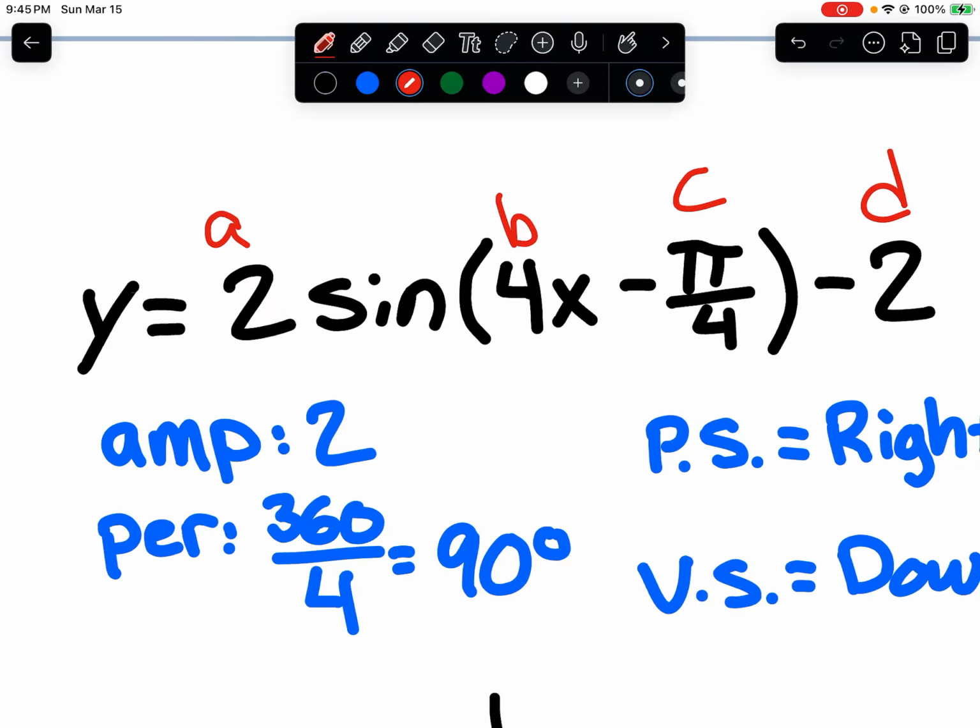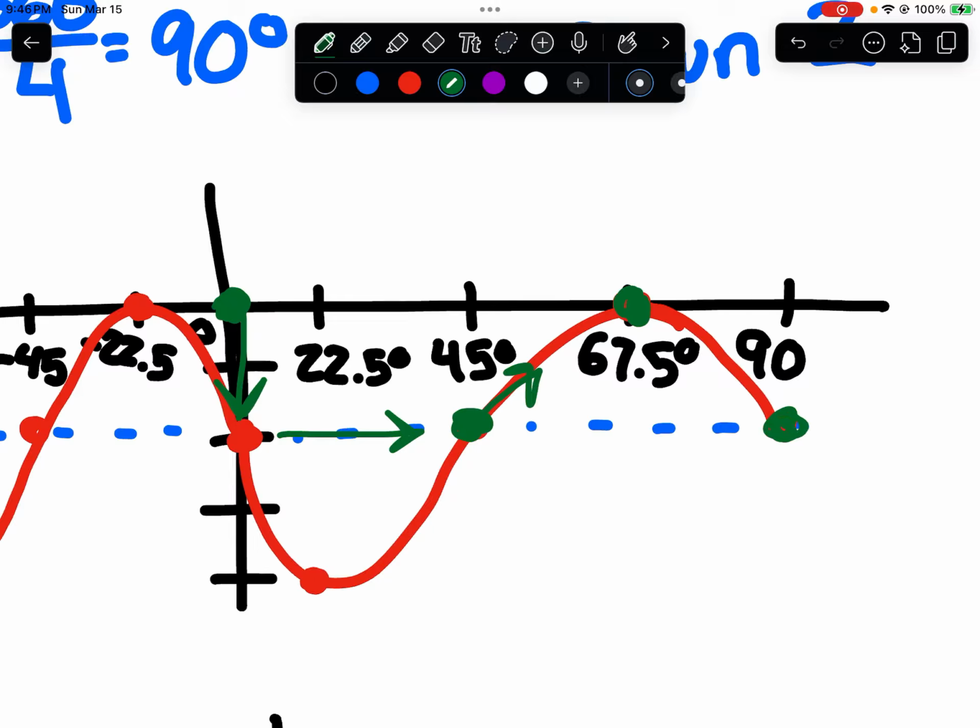So if I'm starting here, positive sine starts going up, hits the maximum. Okay, and because it's an amplitude of 2, I'm going up 1, 2, and then I come back down. And then if I keep that pattern going the other way, I go down 1, 2, hit my minimum, and then I come back up to that middle line.